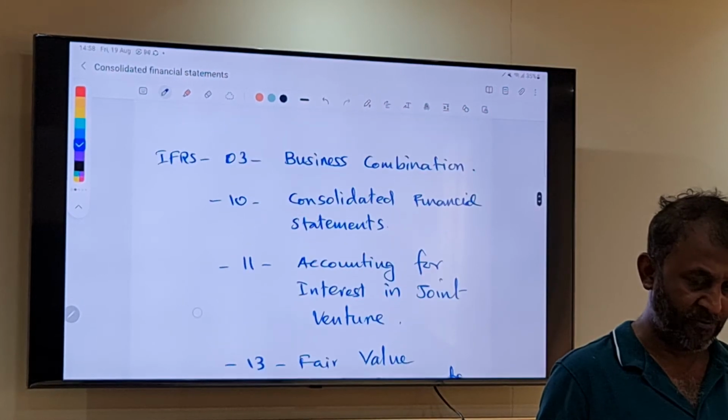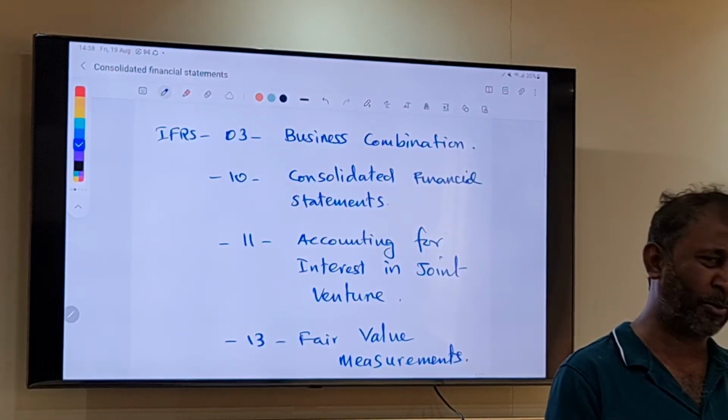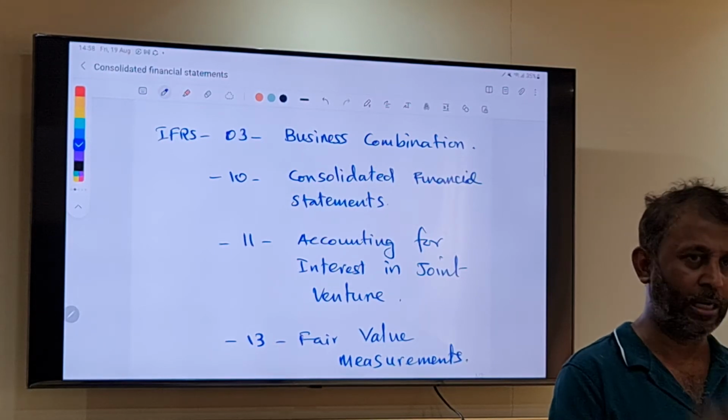So these 4 standards, you need to have a certain amount of knowledge at F3 level.